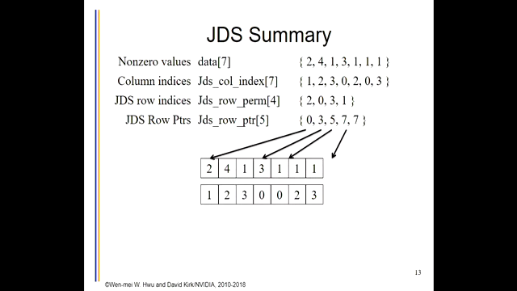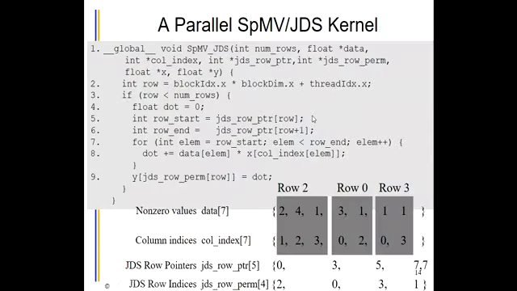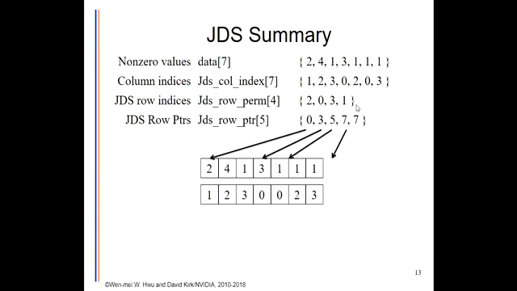But the most important additional overhead is these indices, one index per row, that give us the original row index that we need to use to write into Y. And so this is going to give us 2 times the number of non-zero elements, plus 2 times the number of rows, plus 1.